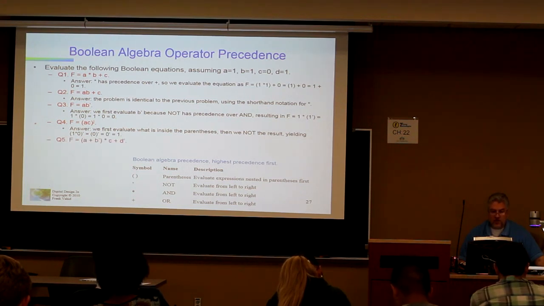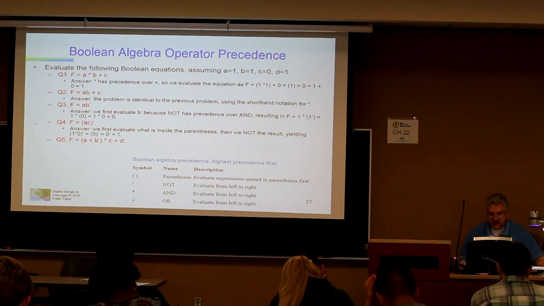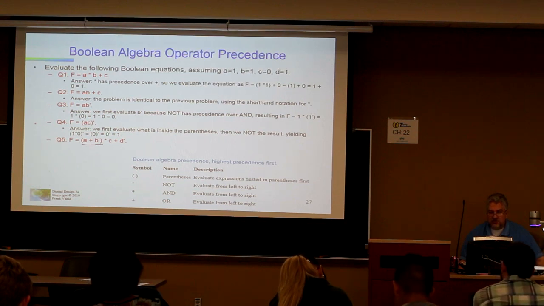Do I get another one? All right. This is a little bit more complex. We do precedence, right? So the first thing we do is A and not B. So A is 1, not B is 0. I'm sorry, that's an or.